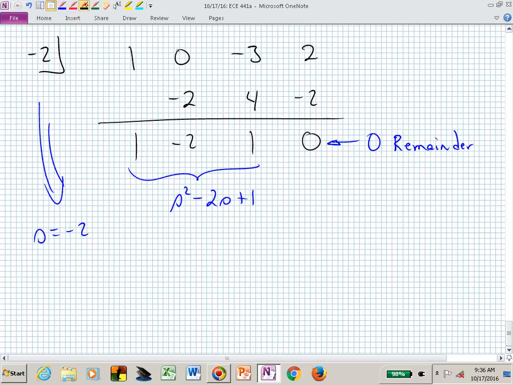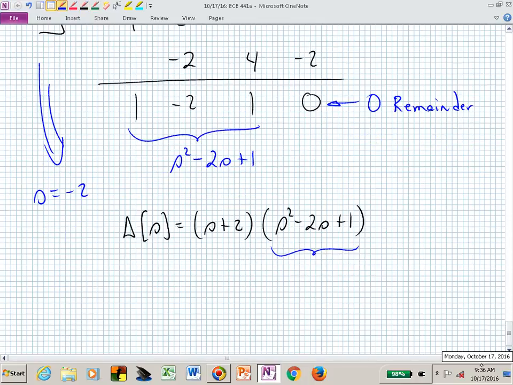And if we combine those, we know that we now have a root at minus 2, so that gives us an s plus 2 factor. And we have a factor that's s squared minus 2s plus 1. And that can be factored.